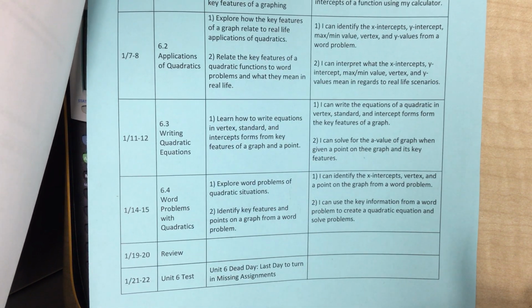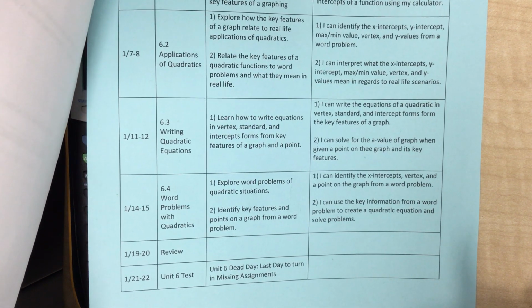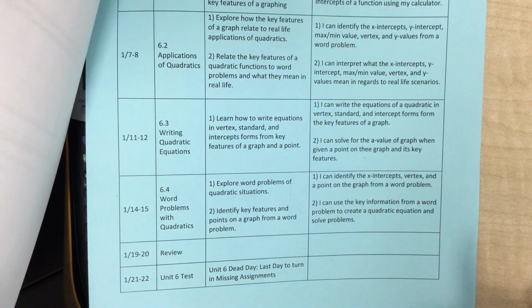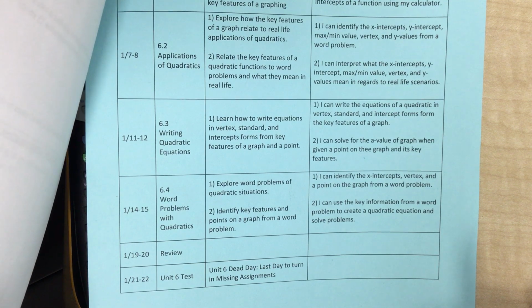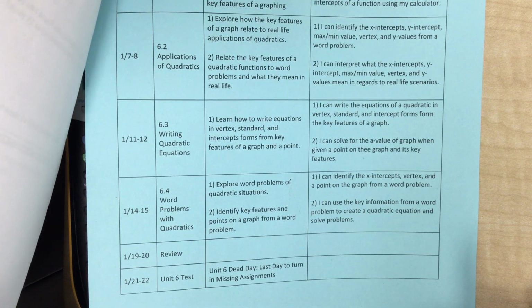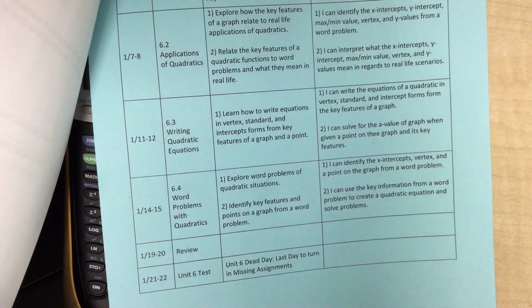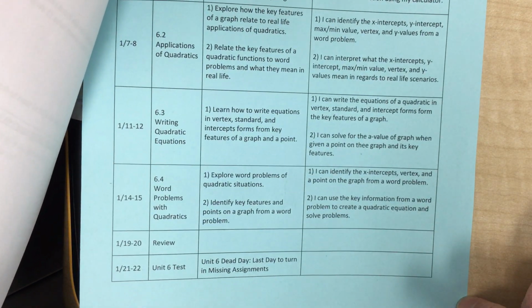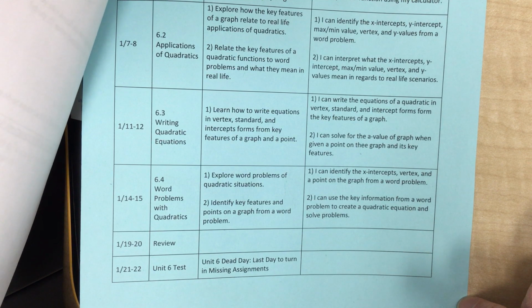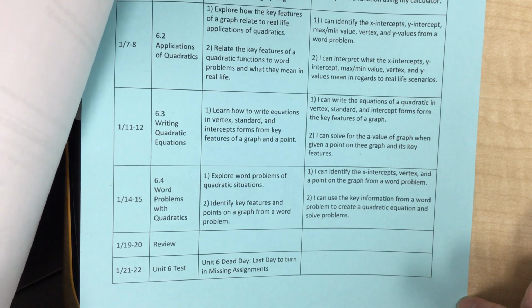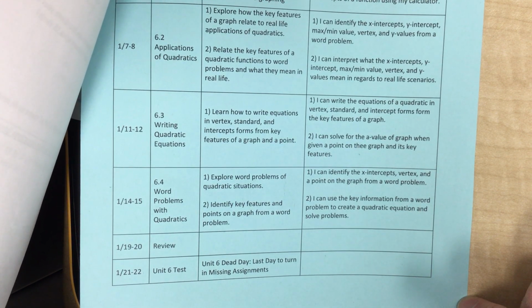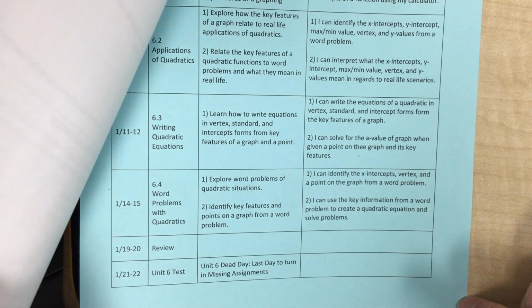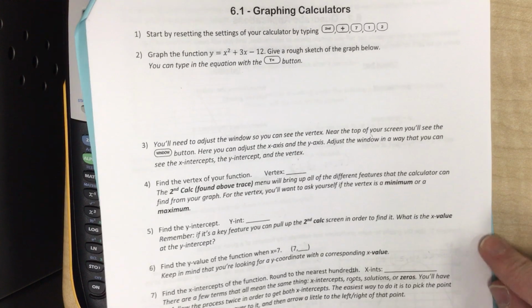One thing you'll want to notice is that this is what I've always done, but I've been a little lax on this: the due day or the dead day for this unit is test day. So make sure you turn everything in before then. If you're going to be missing that day on the test, make sure you submit everything on Canvas on time, okay?